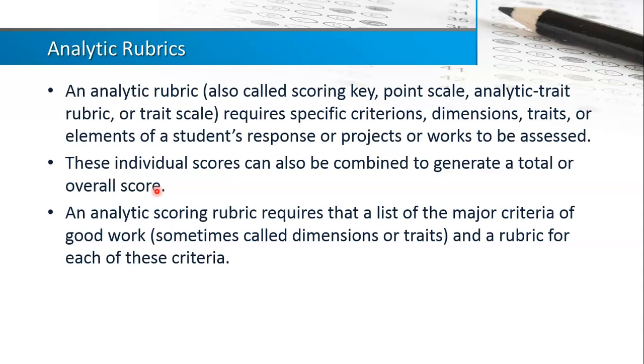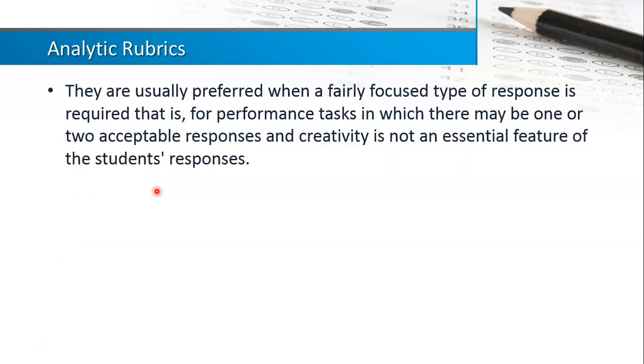Similar to a checklist, analytic scoring rubrics usually require a list of major criteria or good work, usually called dimensions or traits, which usually relate to a certain learning outcome. Analytic rubrics are usually preferred when a focused type of response is required, where we want to assess specific skills and specific behaviors of the students.